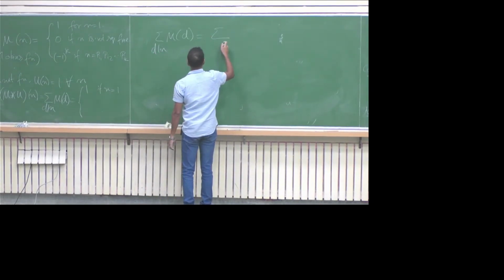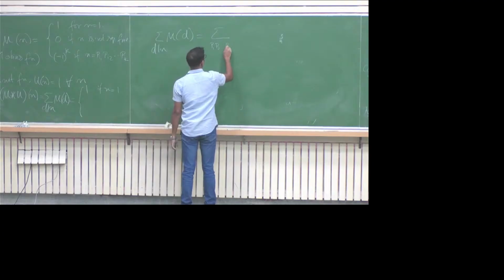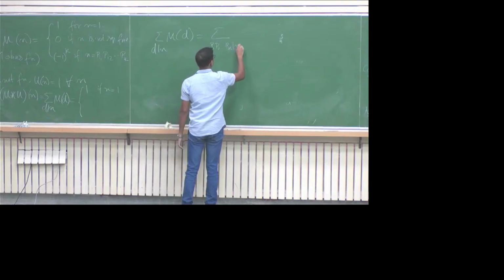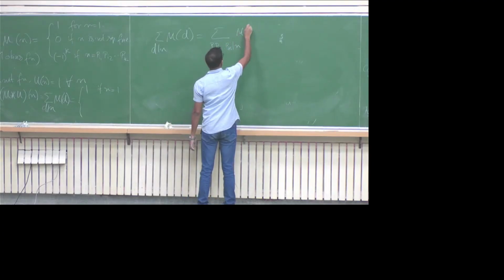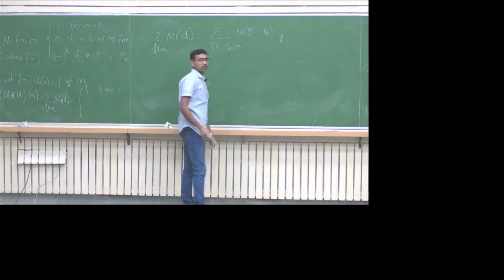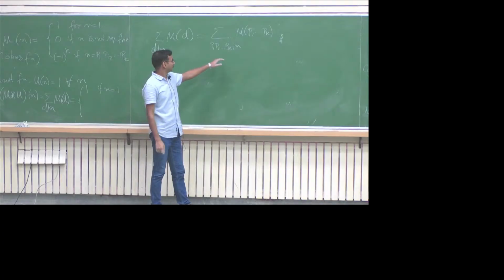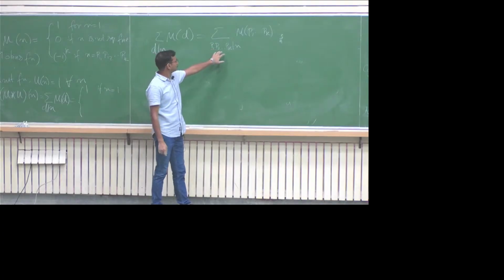The product of the sum over p1, p2, ..., pk dividing n, so the sum is over only the coprime divisors, the square-free divisors of n. That is the product of primes which are dividing n.